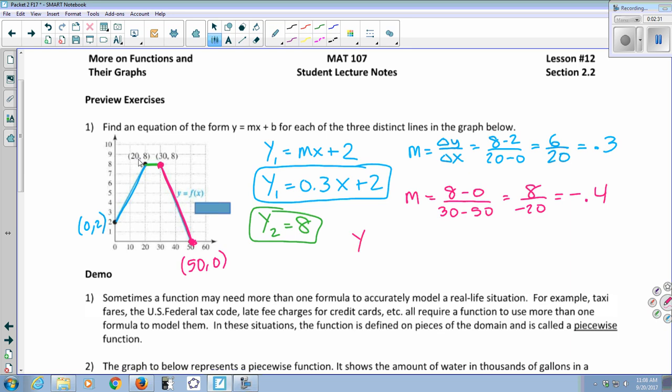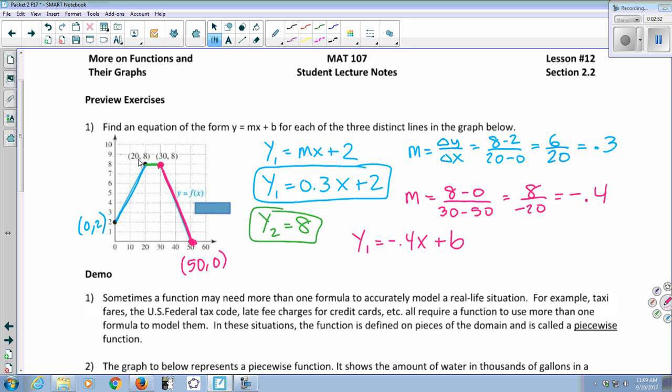I know y3 is negative 0.4x plus b. I don't know the y-intercept. To get the y-intercept, I can pick any point on that line, plug in the x-coordinate for x and the y-coordinate for y, and solve for b. I'm going to use (50, 0) because 0 is a nice number to work with.